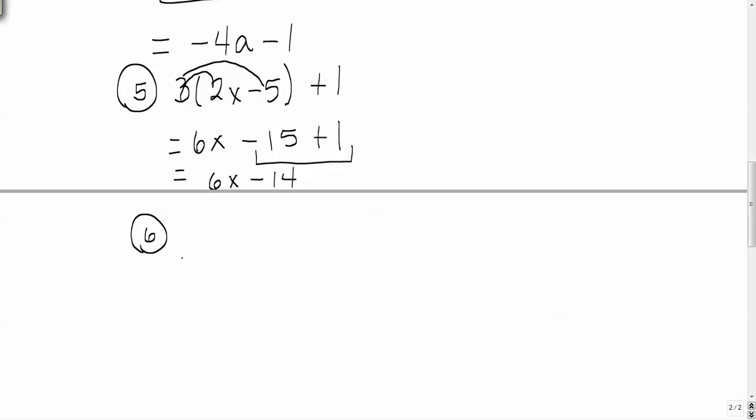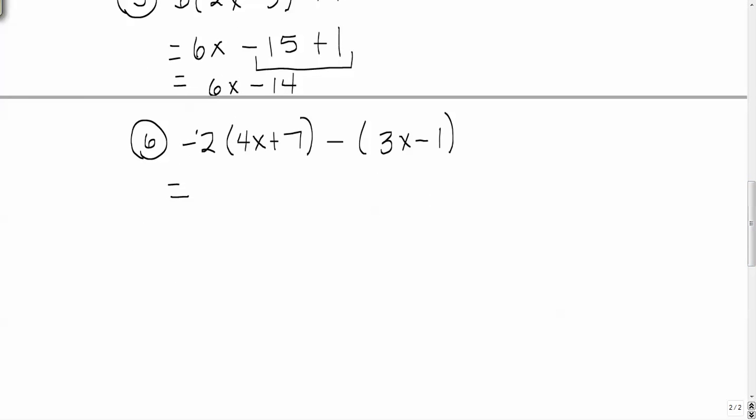Okay, last example. Negative 2 times 4x plus 7, in parentheses, minus 3x minus 1, in parentheses. Okay, on this one, we need to make sure we distribute first.